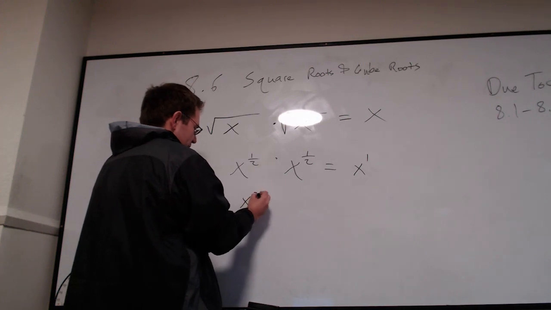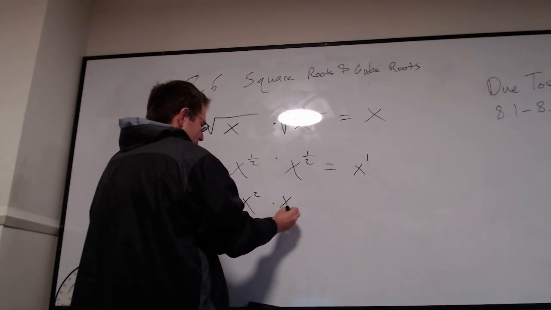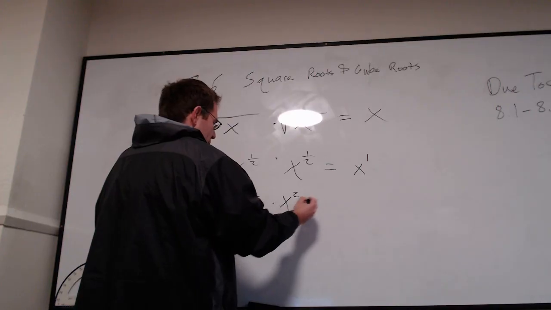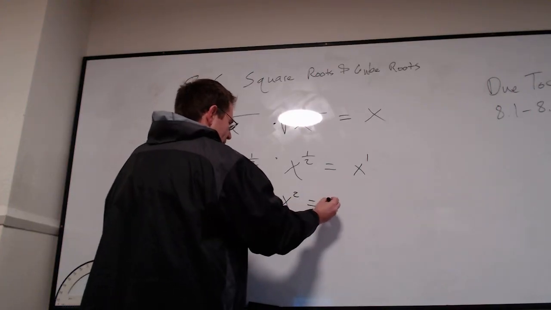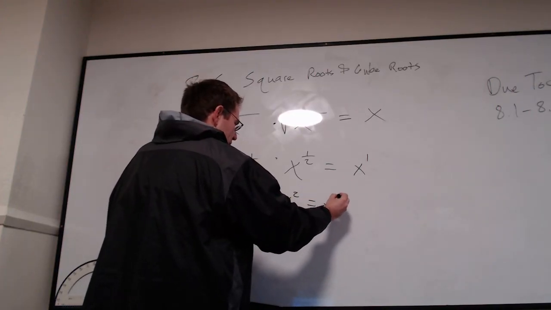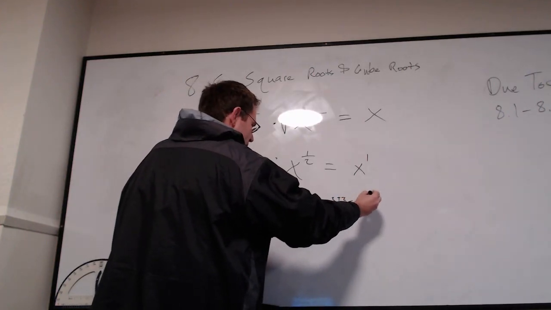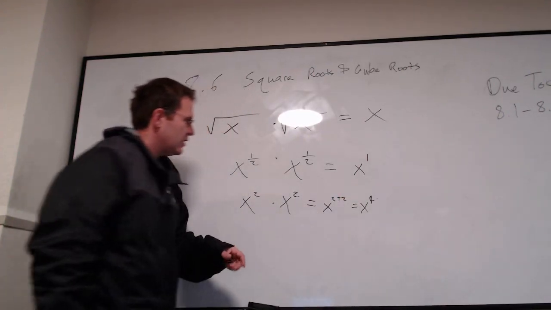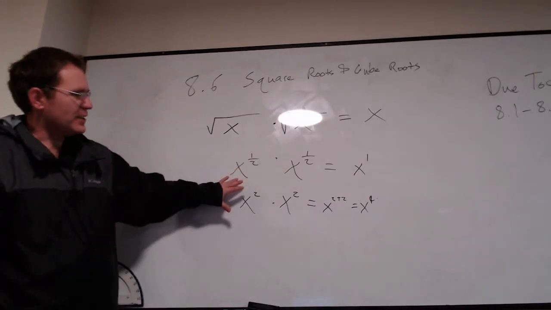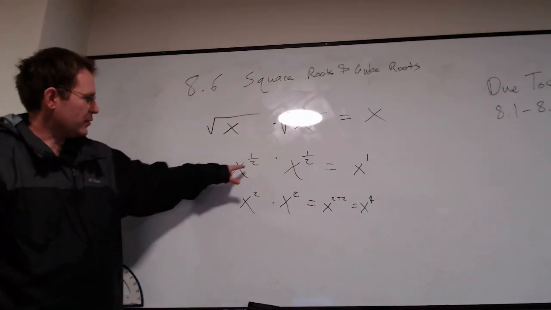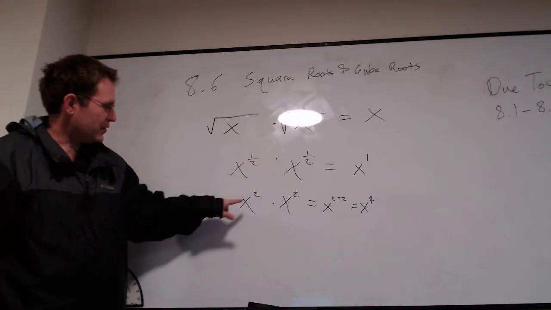So if this was x to the 2 times x to the 2, that would be x to the 2 plus 2, equals x to the 4. The structure is similar here, so we're just adding those two.